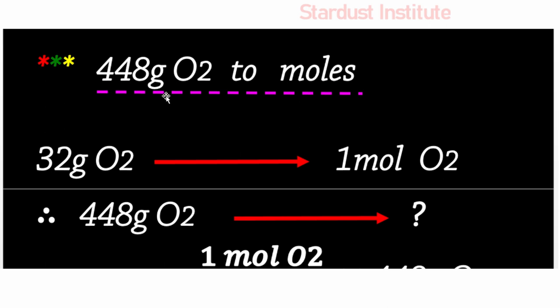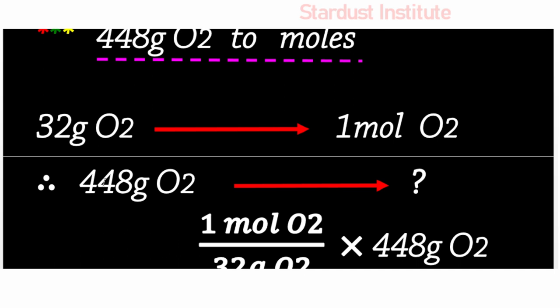We know in 32 grams of oxygen there is 1 mole of O2. That means 1 mole of O2 weighs 32 grams.